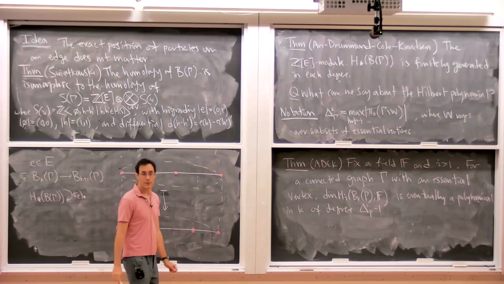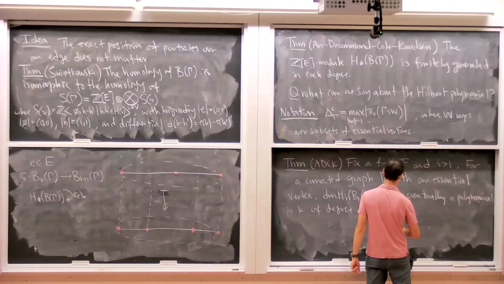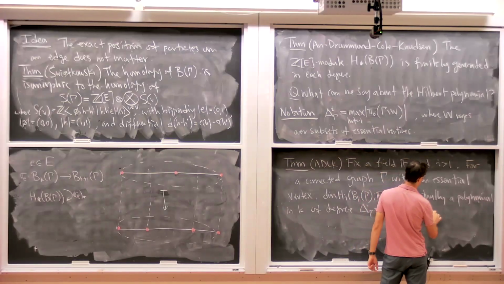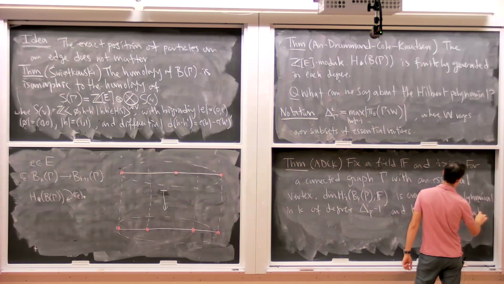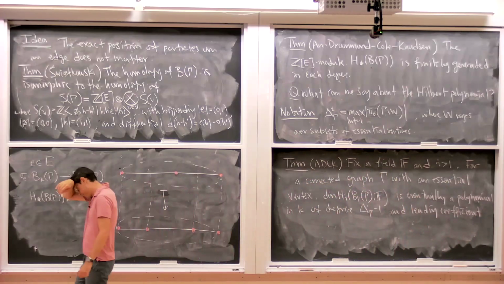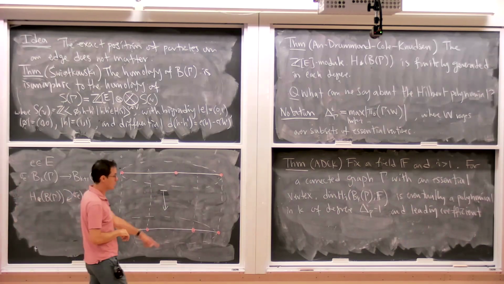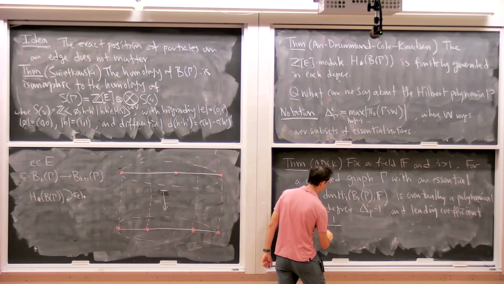And we can also say what the leading coefficient of the Hilbert polynomial is. It has 2 pieces. So one piece also has to do with delta, which is 1 over delta -1 factorial.